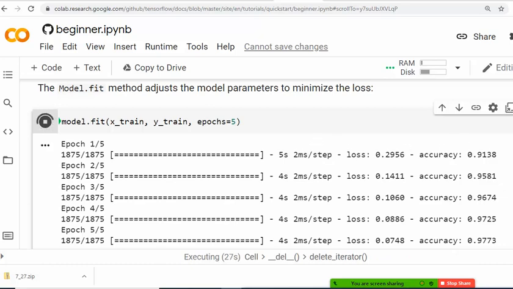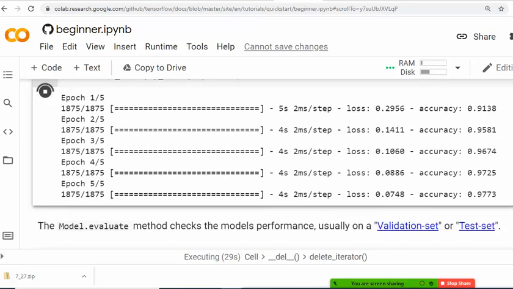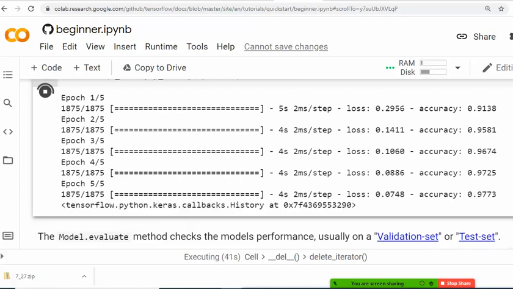I guess it's still going on. This is where the actual training is taking place. Still running. Now notice how the accuracy has increased.